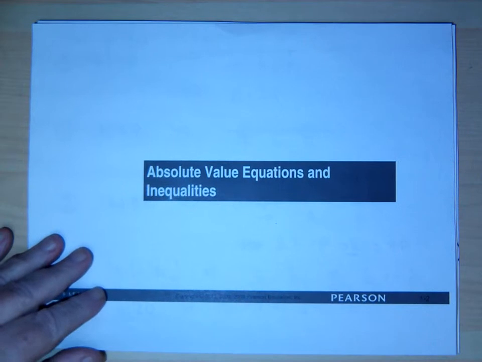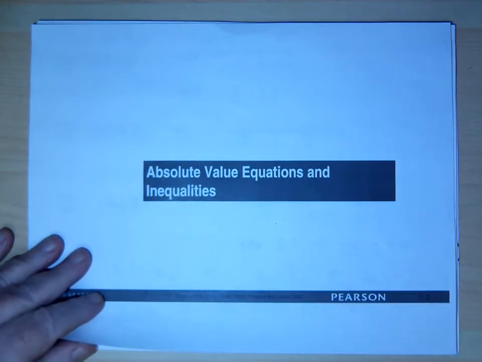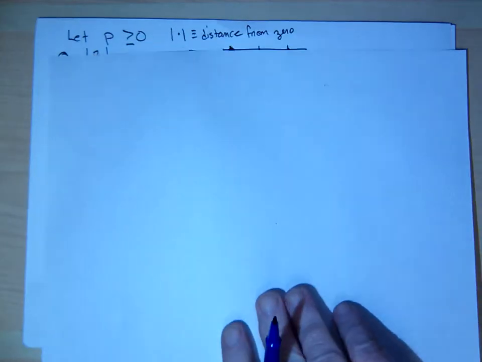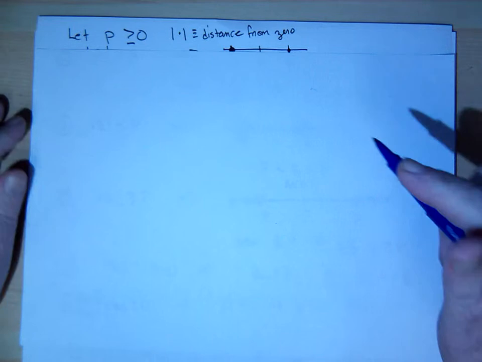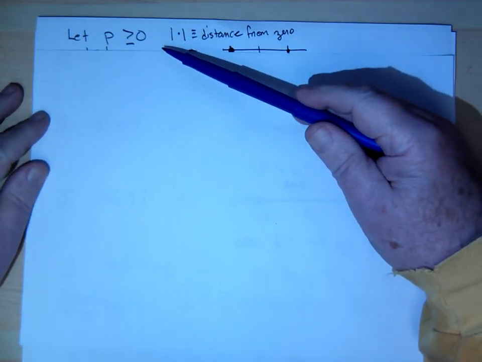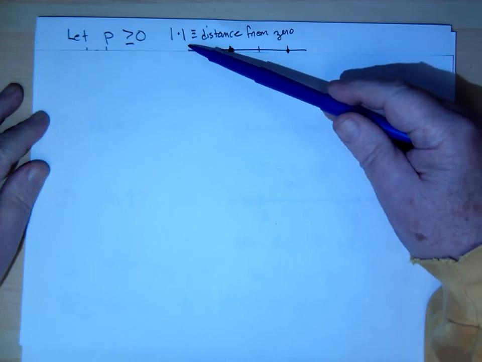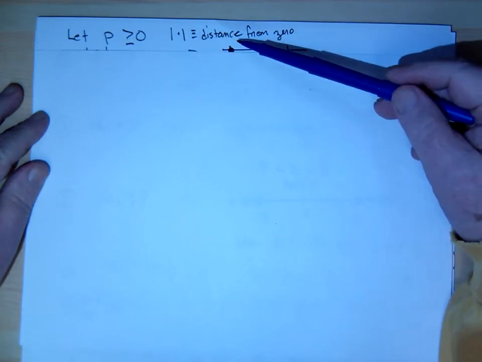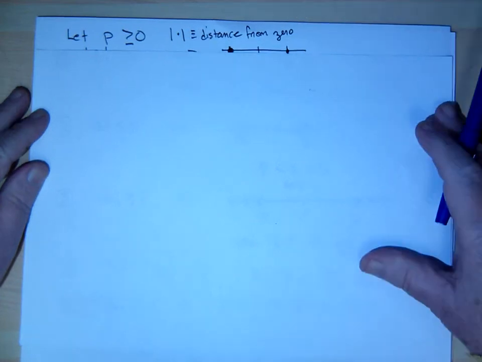We're going to begin by establishing some fundamental principles about absolute values, equations, and inequalities. So let's begin this way. In what follows, we're going to assume that p is a number that is bigger than or equal to 0. Recall that the absolute value function describes the distance that whatever we put in between the absolute values is from 0.